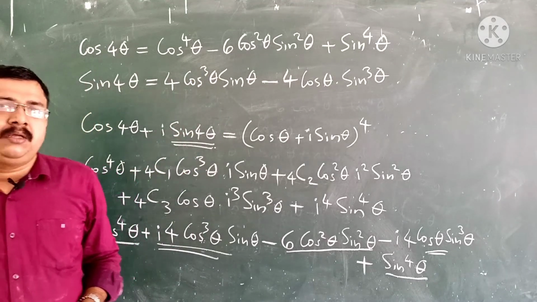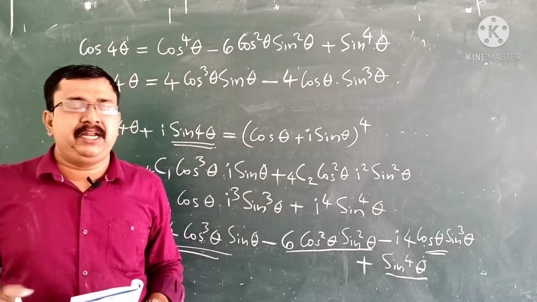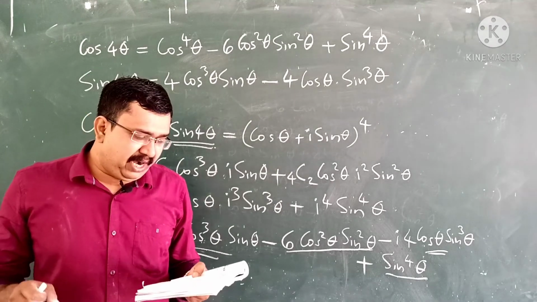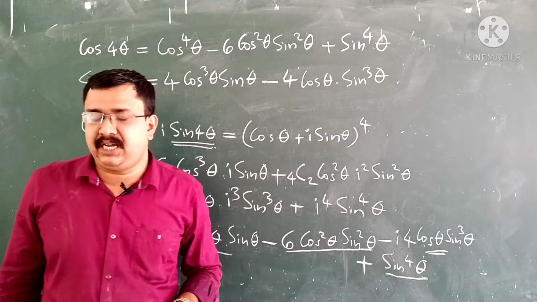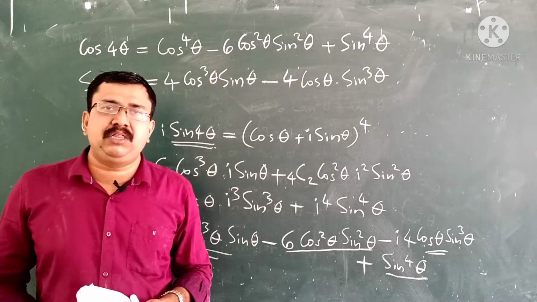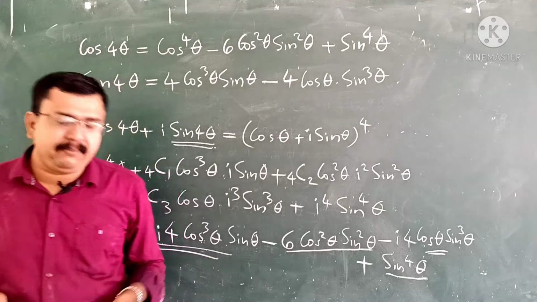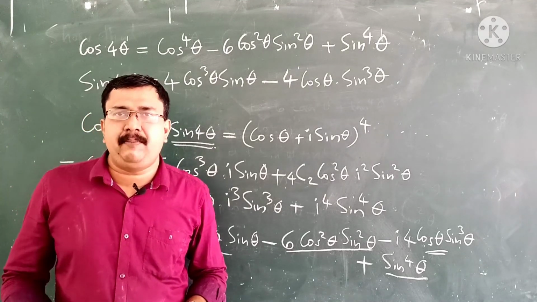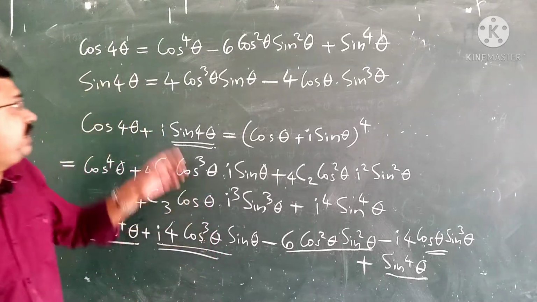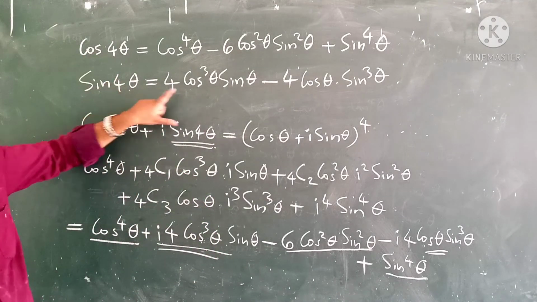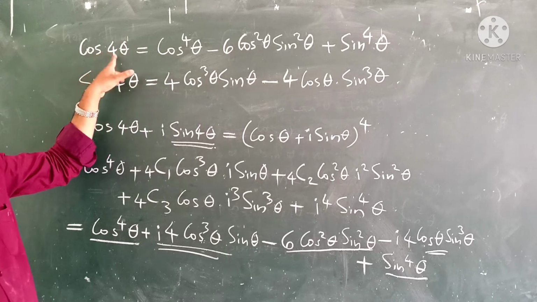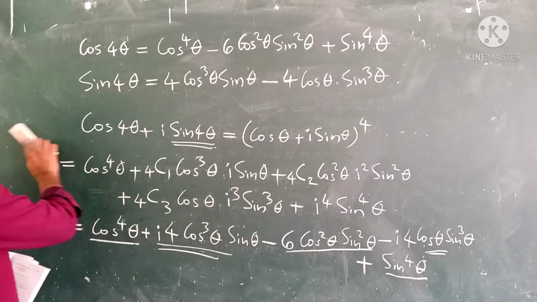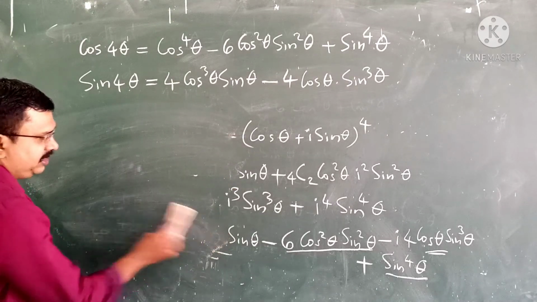Now, based on our second condition, we want to find out the value of tan 4 theta. How to obtain tan 4 theta? Tan 4 theta can be calculated by using sin 4 theta divided by cos 4 theta. We know the value of sin 4 theta is this one and the value of cos 4 theta is this one.